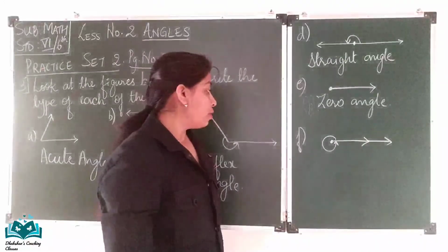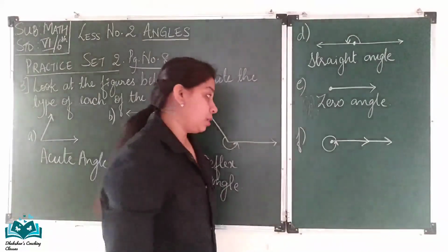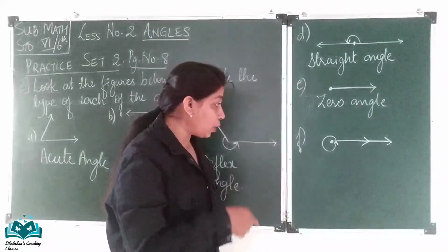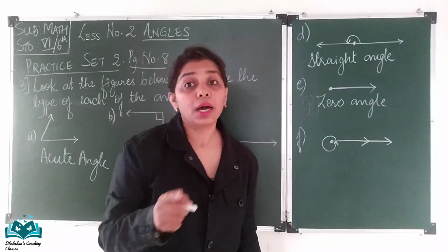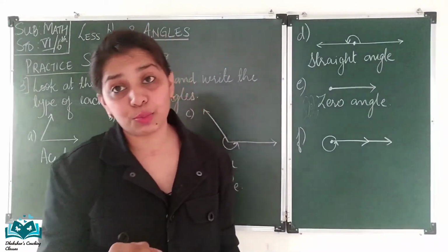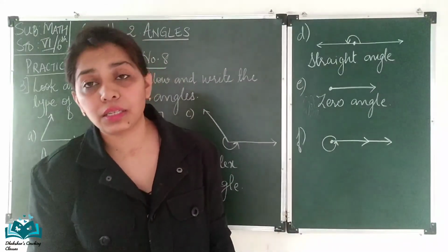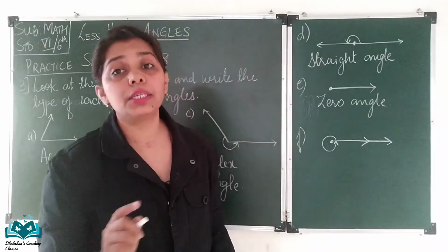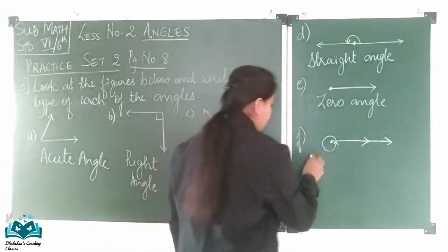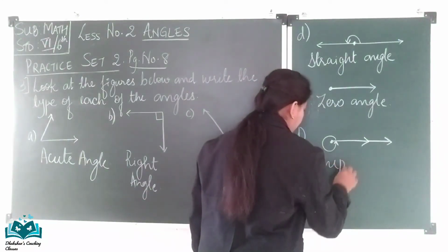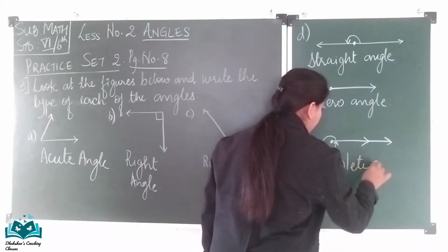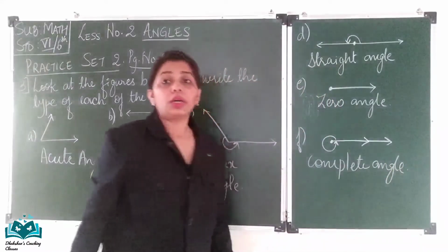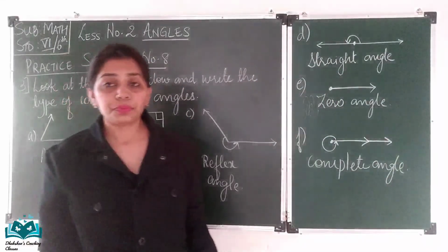The last one, figure F, there is an angle being formed with an arrow showing a complete angle that has been formed, means 360 degree. 360 degree means it is a complete angle. It is your complete angle.